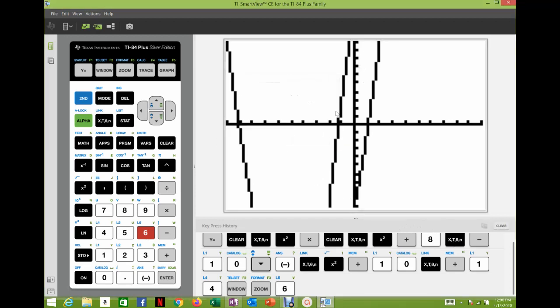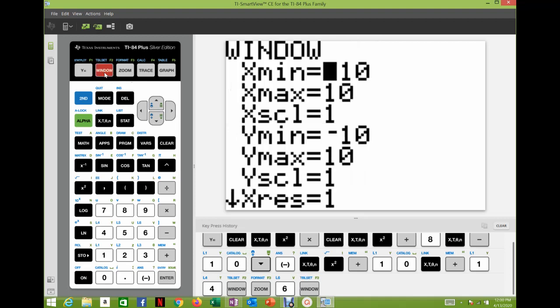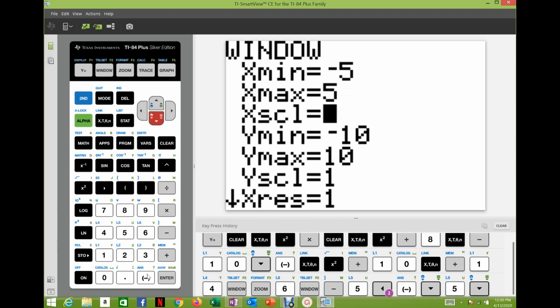It looks like it goes well above and below here, and doesn't go very far out. So I'm going to adjust my window. I might just go to -5 and 5, and I might go up 20 and down 20.